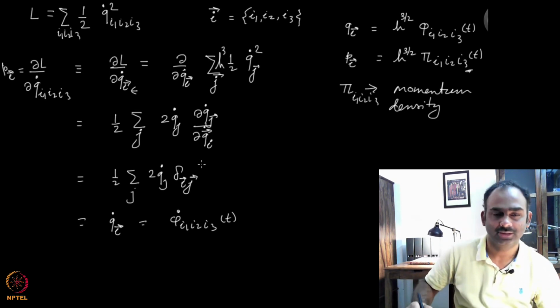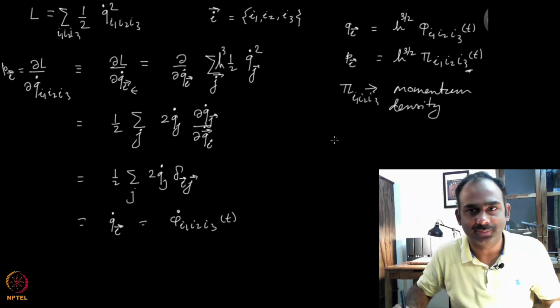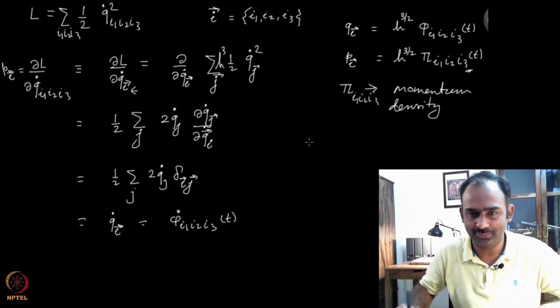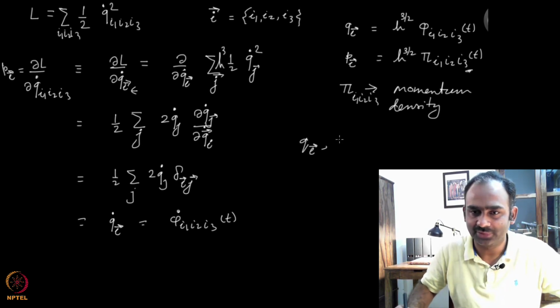Now, because our q and p are canonically conjugate pairs, if you calculate the Poisson bracket you will get the following. If I take q_i and p_j, then this Poisson bracket, the fundamental bracket, will be how much?